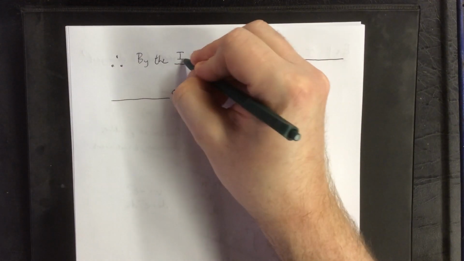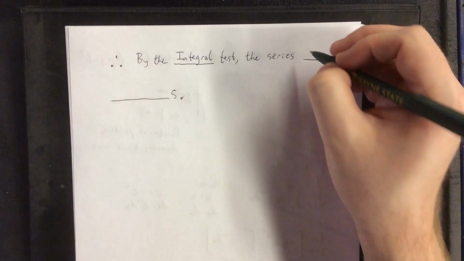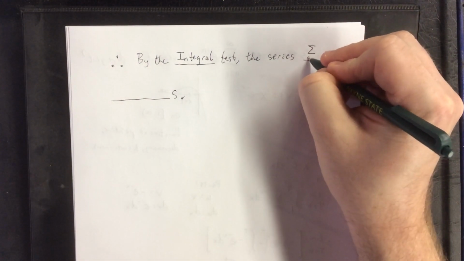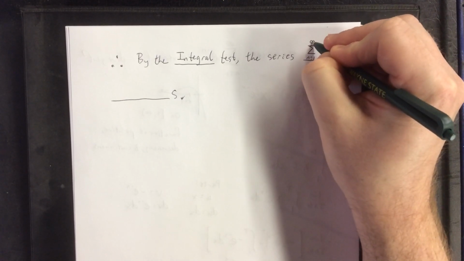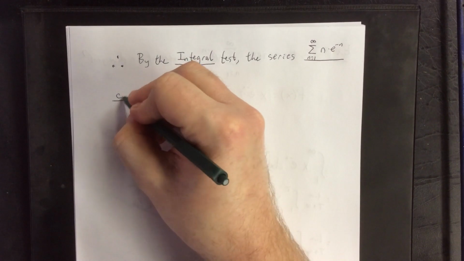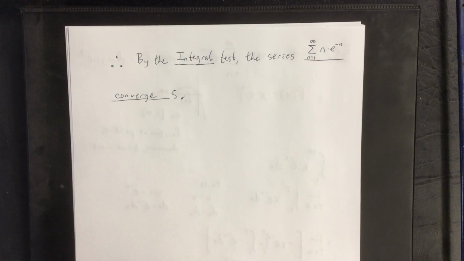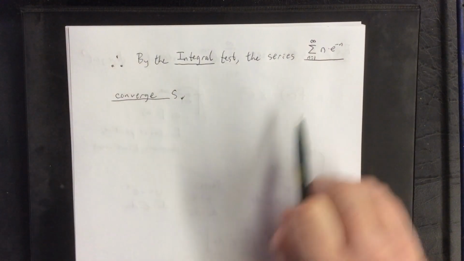Now we're going to be learning lots of different kinds of tests, but the big one that we need for right now is that according to the integral test, the series that we had at the beginning of the problem, n equals 1 to infinity of n times e to the negative n, converges. All of our final answers for Chapter 11 questions should be in this form.